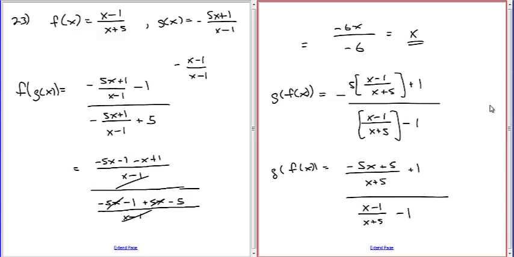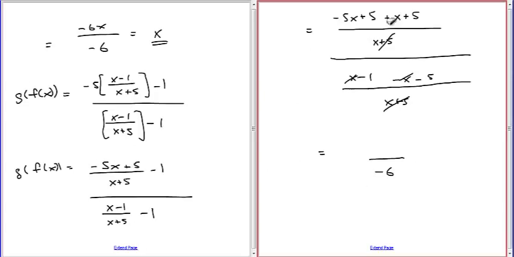So this should be, so you have the negative sign here. So what that means is this negative sign is here, and it's also here. So that's negative. So that should be negative.